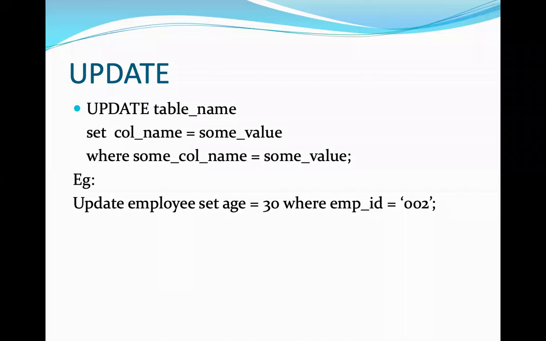So we have to identify that row where we want to update. Like here, update employee: the employee table will be updated and we are setting the age to 30 where employee ID is 2. So for employee ID 2, we are just updating the age to 30. That one record will be updated here.